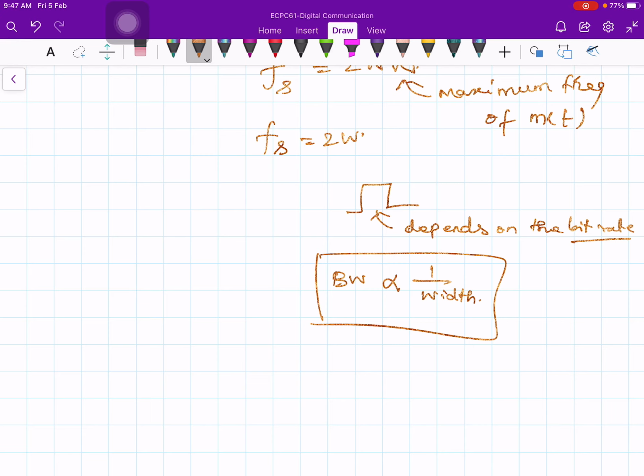What type of pulse are you going to use? Are you going to use a pulse like this, or like this, or like that? It depends on the pulse shape also, but to a large extent it depends on the width, and the width depends on the bit rate.